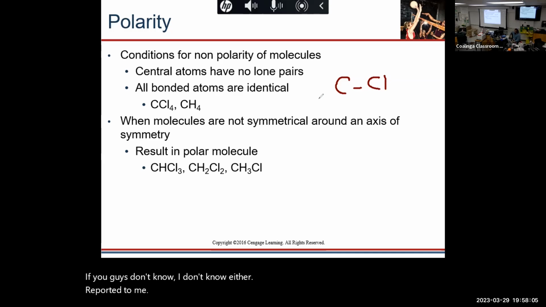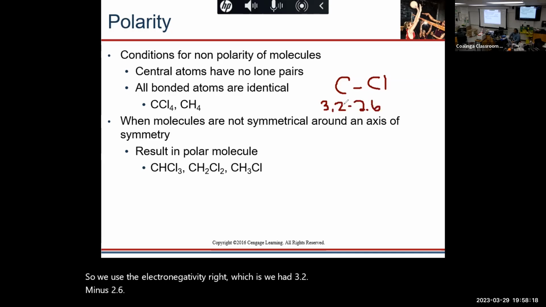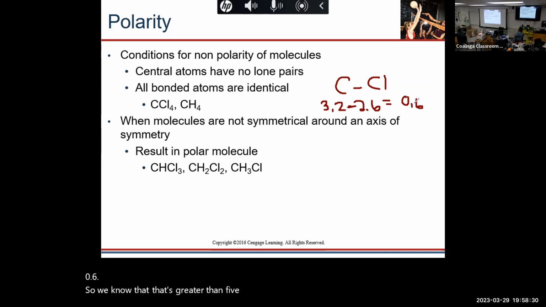We use the electronegativity, which is 3.2 minus 2.6. That would be 0.6. We know that that's greater than 0.5, so that means the bond is polar.